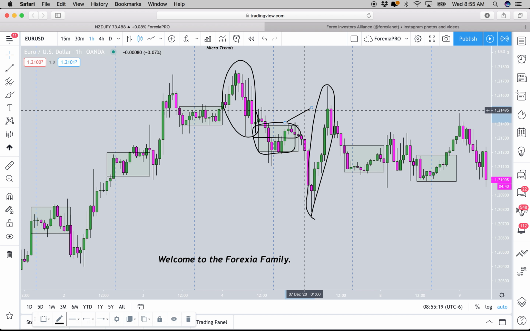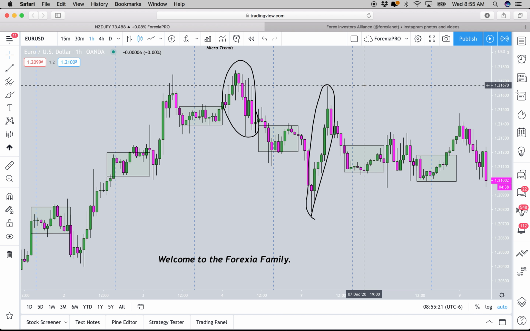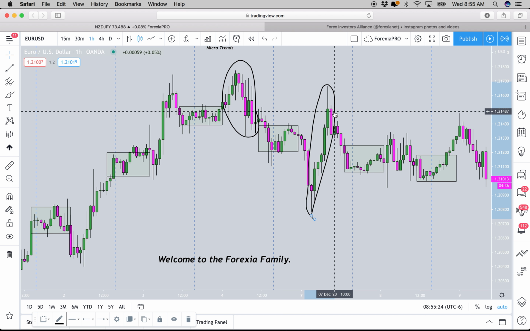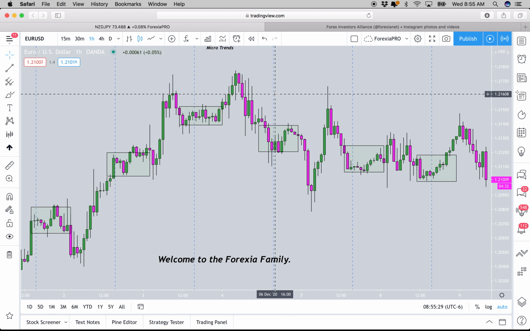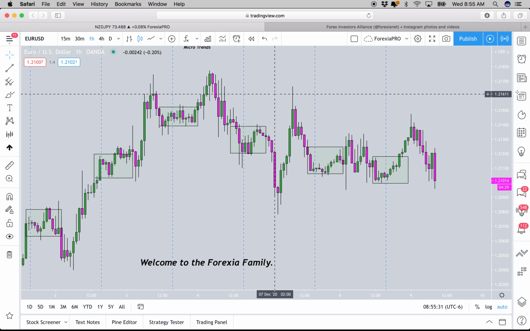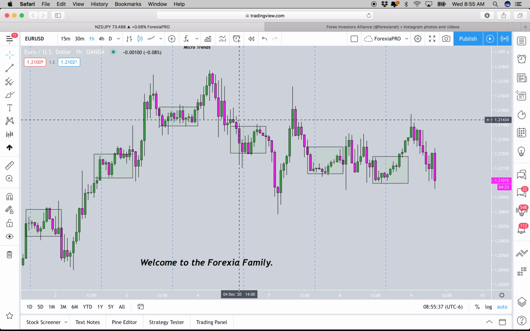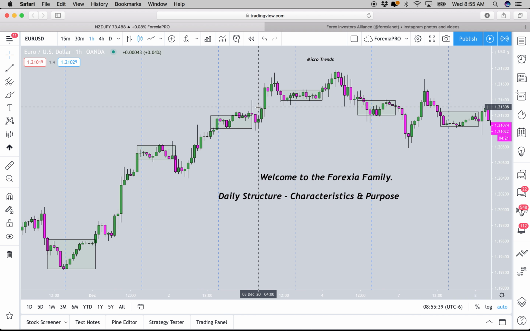Buyers don't like it. Sellers don't like it. So that's a trap that the dealer uses to manipulate the masses, because nobody likes a sideways moving market. Is that not true? So it is an easy way to take out buyers and sellers simultaneously.